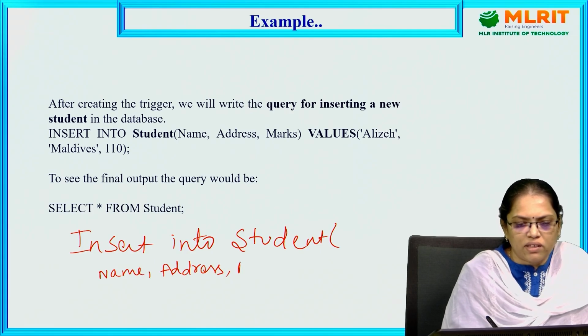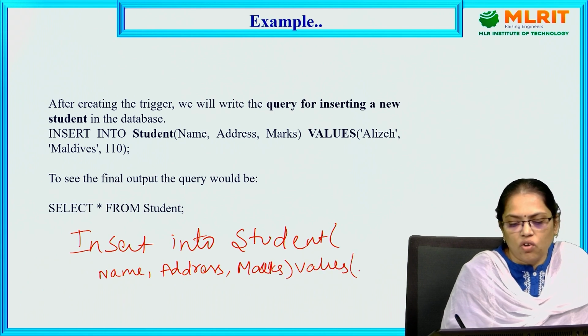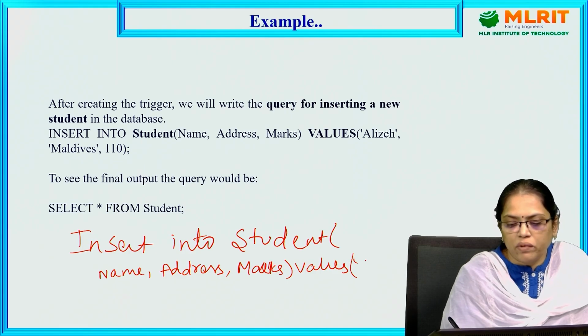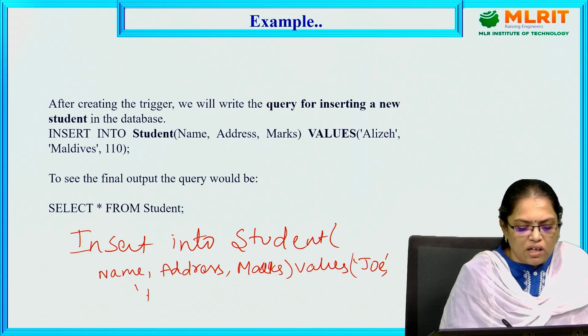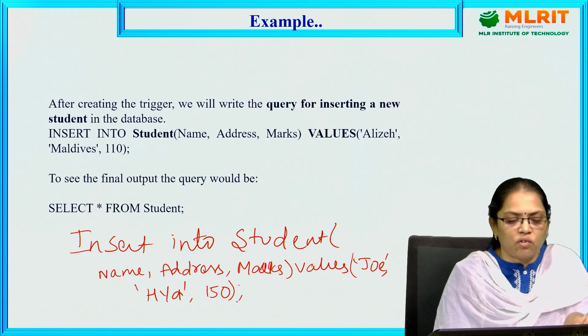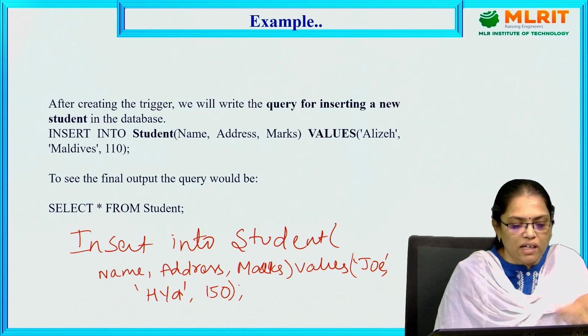Name, address, marks, and to the existing table we are adding the values. So already 3 rows are there. The fourth one I am taking as Joe, the place as Hyderabad, and the marks will be 150, right? So this is the insert command that we are using for the existing table.